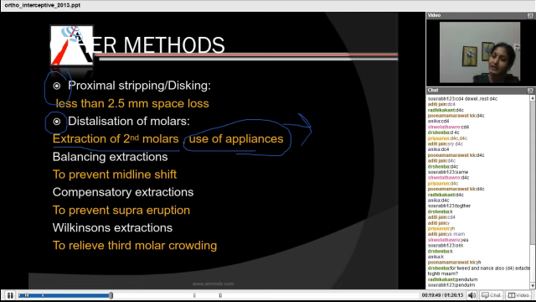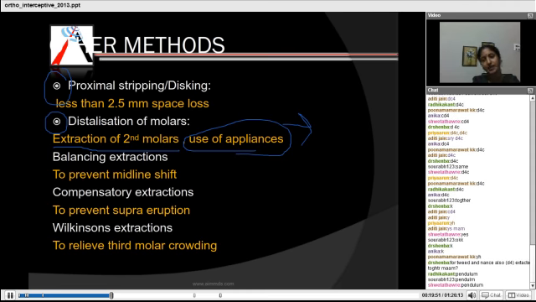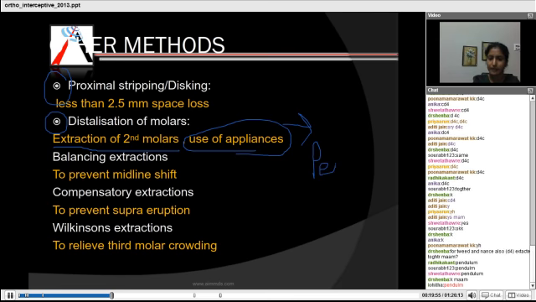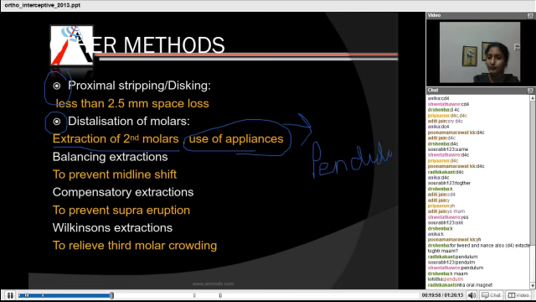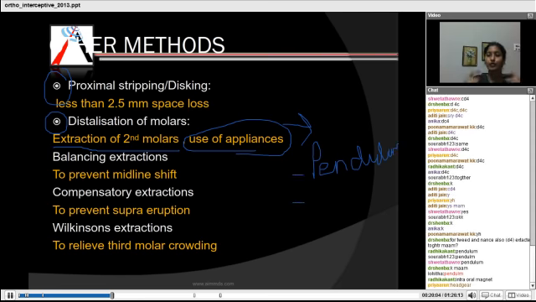Note, for Tweed and Nance, D and 4 are extracted separately. Yes, one is the pendulum appliance. Another, if you remember we talked in space maintainers, there was one appliance which was used for rotating the molars distally. Yes, headgear can also be used.